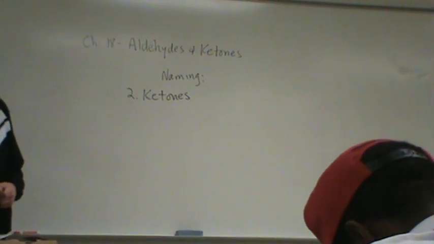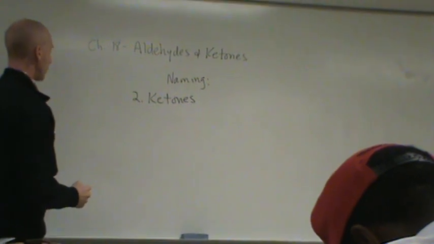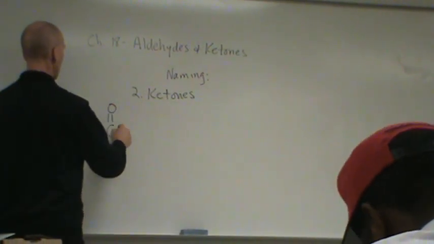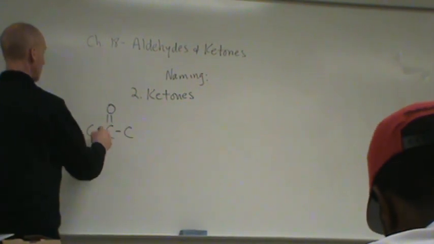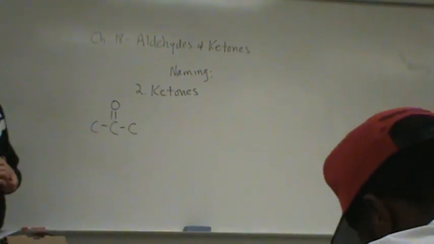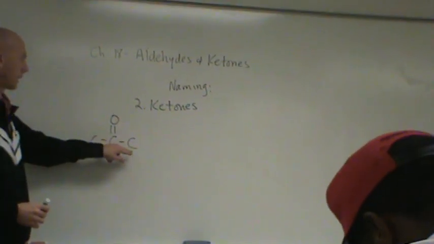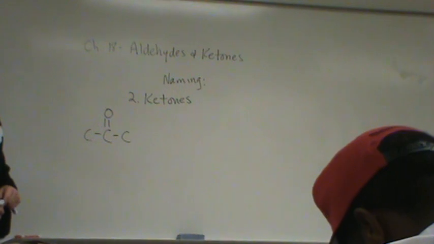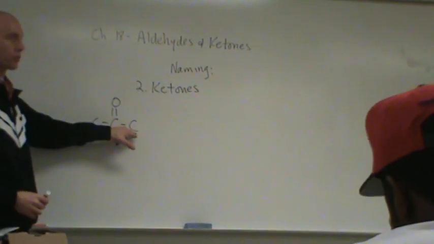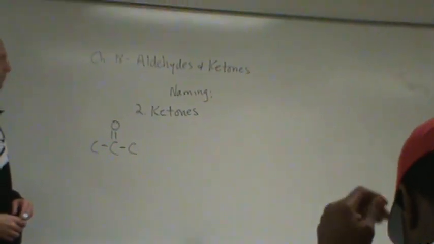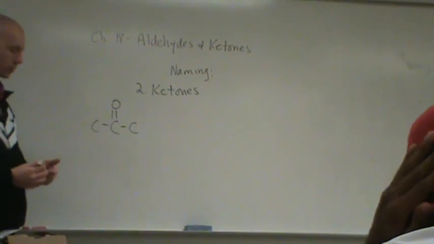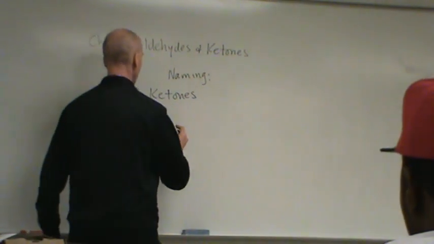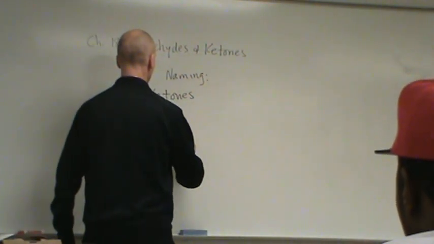So first off, what are ketones? Okay, well, we still have a carbonyl, but this time, both sides of the carbonyl have a carbon, okay? Aldehydes, we had at least one hydrogen over there, okay? So let's look at some examples of ketones and see how to name these.